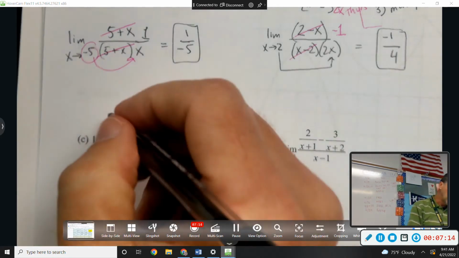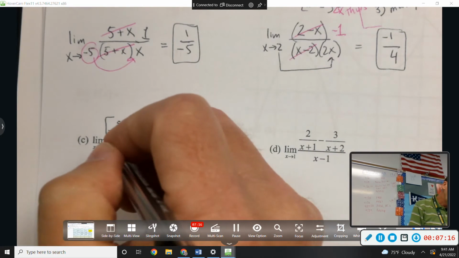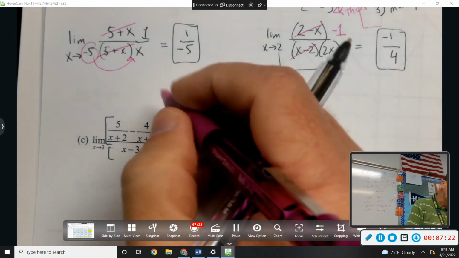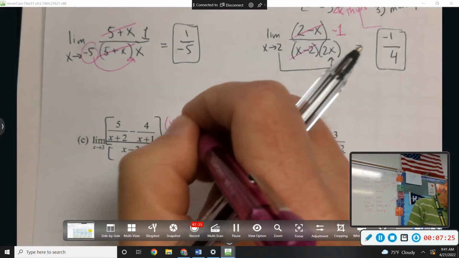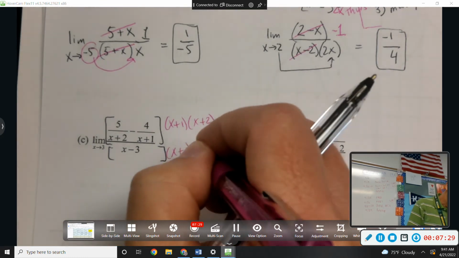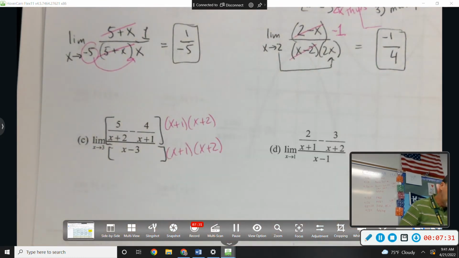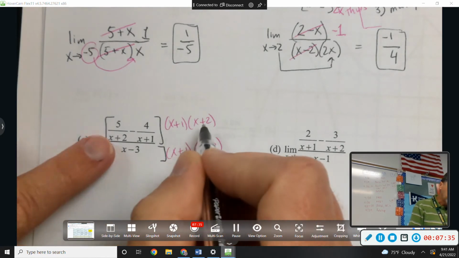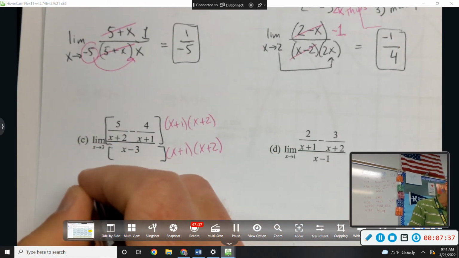What do I need to multiply everybody by on this one? X plus 1, x plus 2. Right, x plus 1 and x plus 2. So this one's going to be a little trickier. On the first term, the x plus 2's cancel.